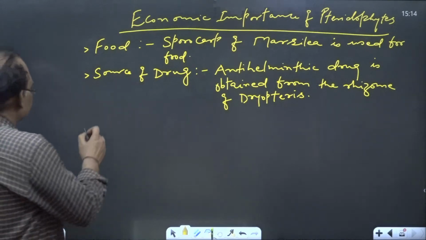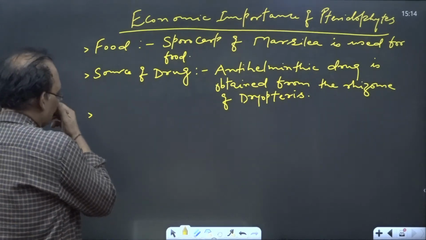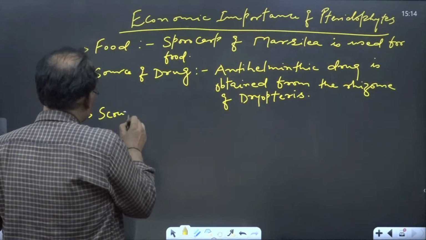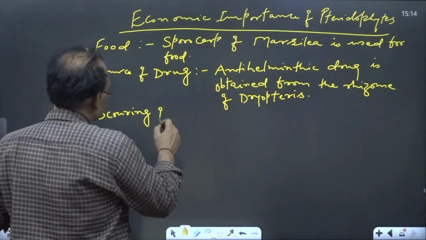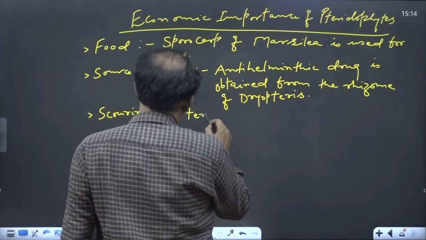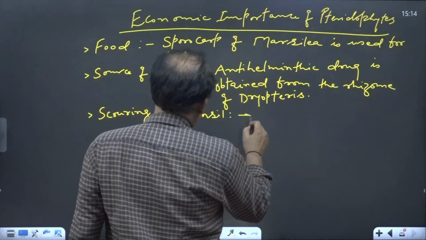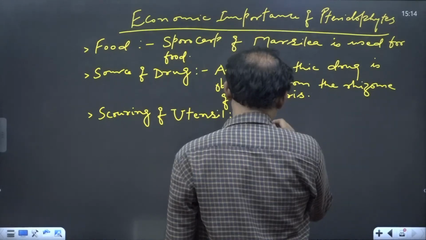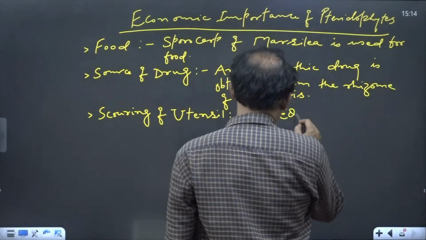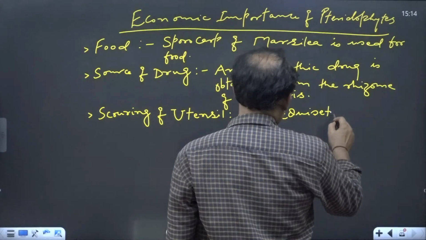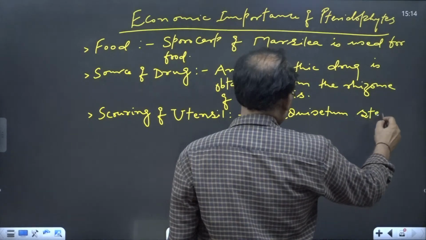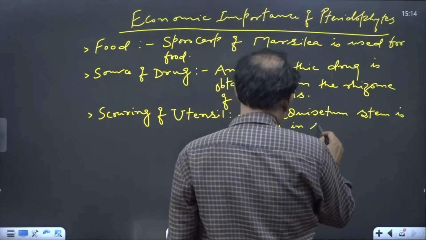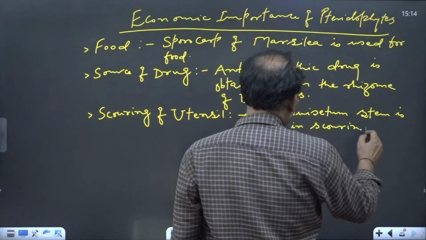Next point, scouring of utensils. Equisetum stem is used in scouring utensils.